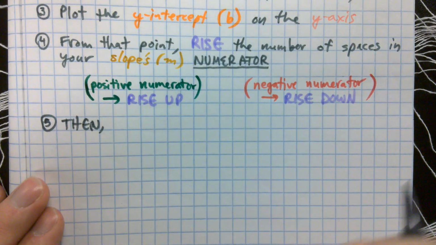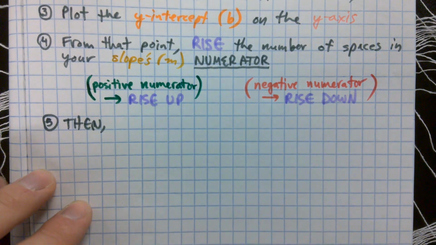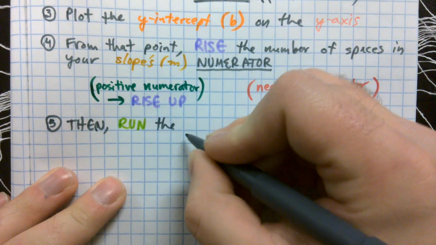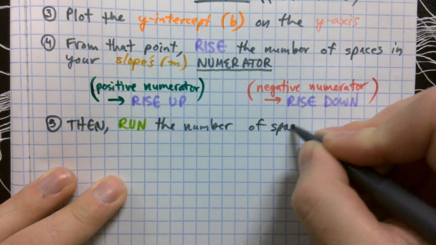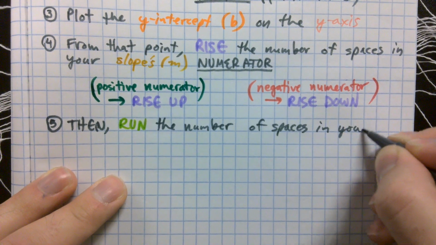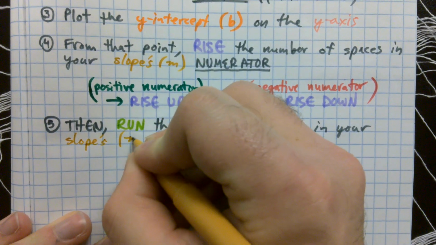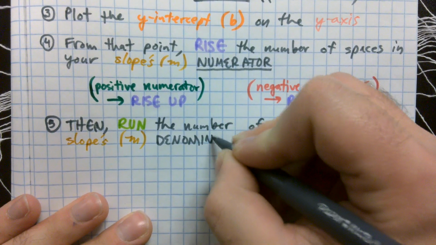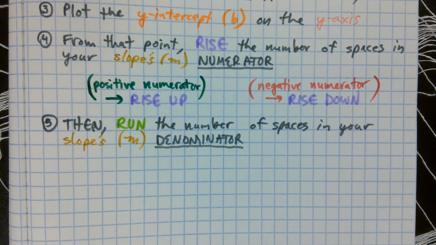Step 5. After you rise the number of spaces in your numerator, you're going to run the number of spaces in your denominator. Rise over run. So if our slope is 2 over 1, we're going to rise up 2, run over 1.